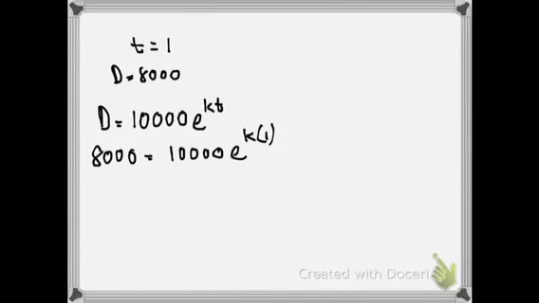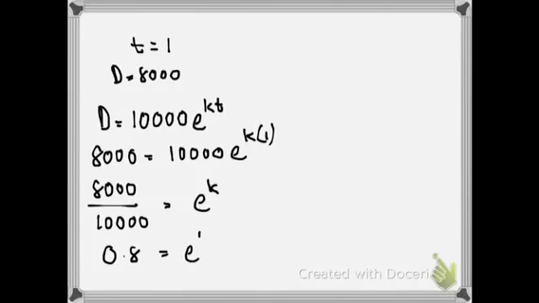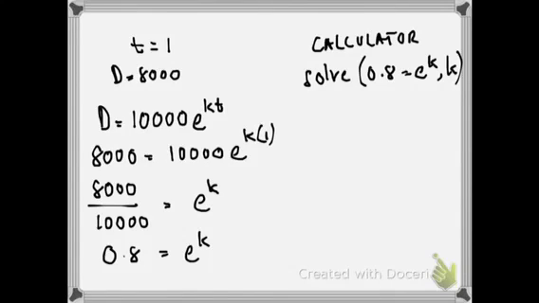What I've done there is substitute the value of D and the value of t. If I divide through by 10,000, 8,000 over 10,000 equals e to the power of k. 8,000 over 10,000 is 0.8, so 0.8 equals e to the power of k.